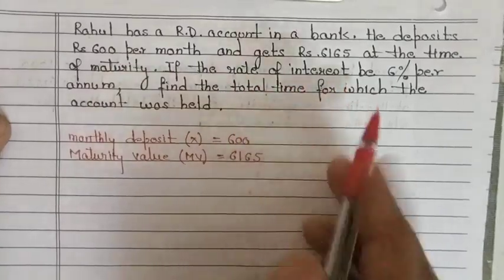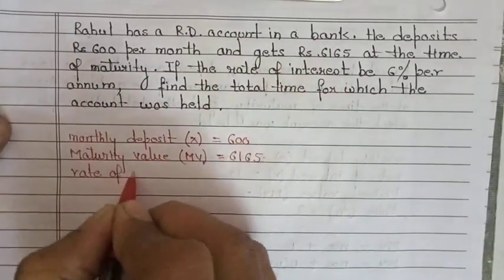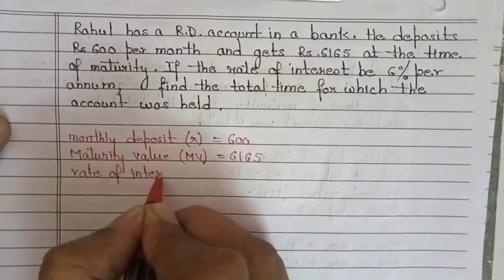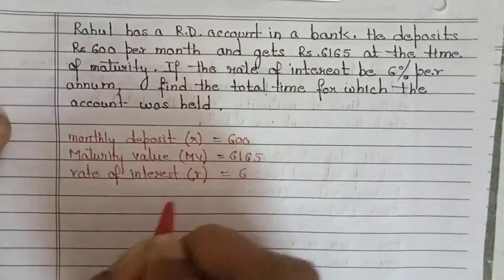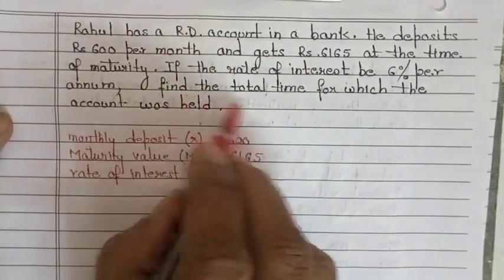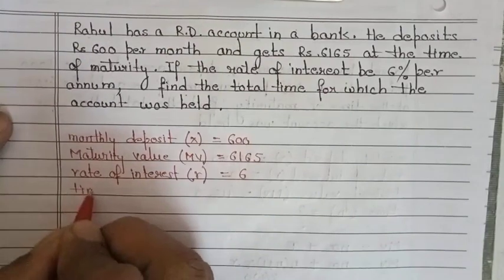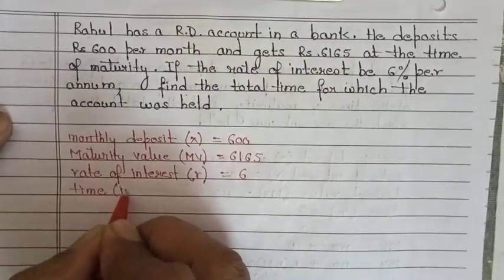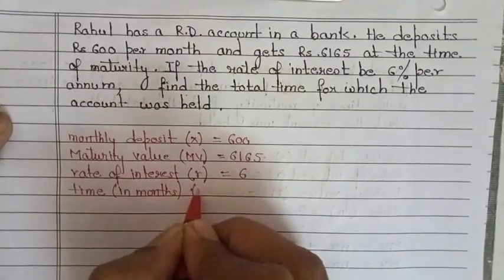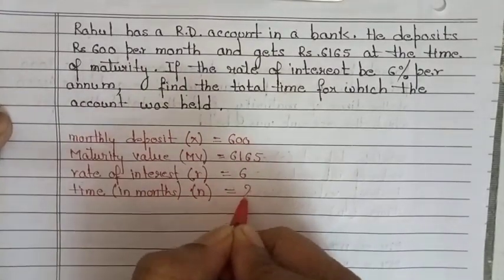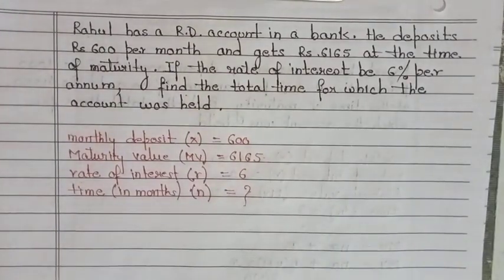If the rate of interest, so rate of interest is given, represented by R, it's given 6%. You have to find the total time. So let time in months be represented by n, and we have to find the value for n. So this is the information given to us in the question.